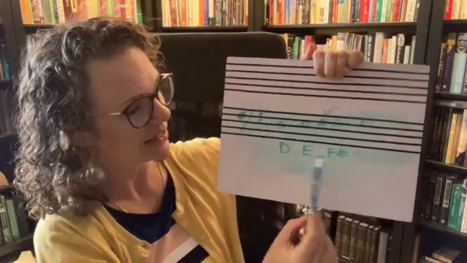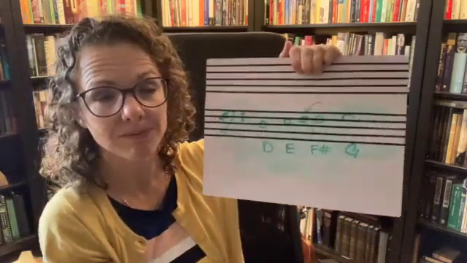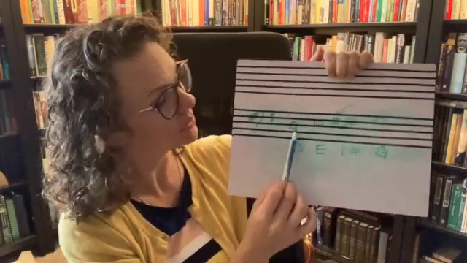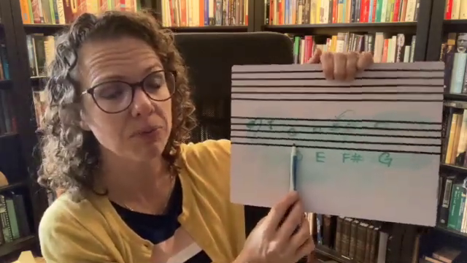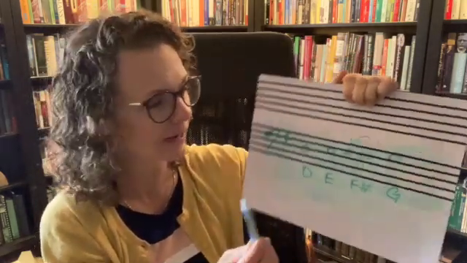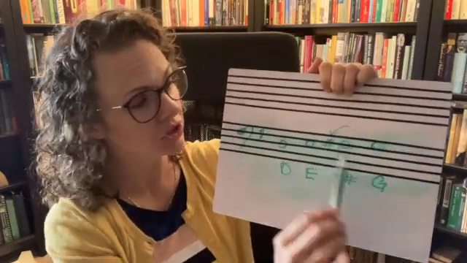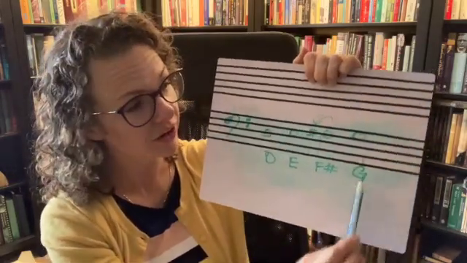So D, E, F sharp, G. These are your D string notes. All of the notes here on the staff are the notes that you would play on the D string, okay? I know you have an open G string, but this is an open G string because it's stepping up. This is third finger on, or fourth finger on the D string.